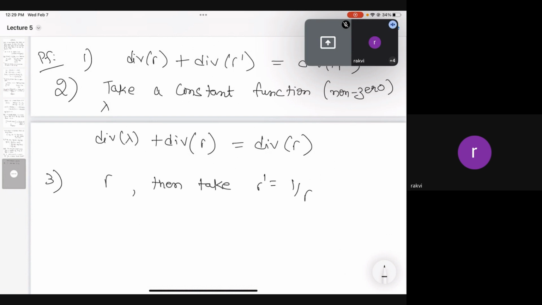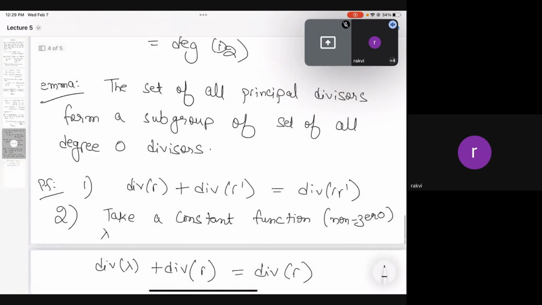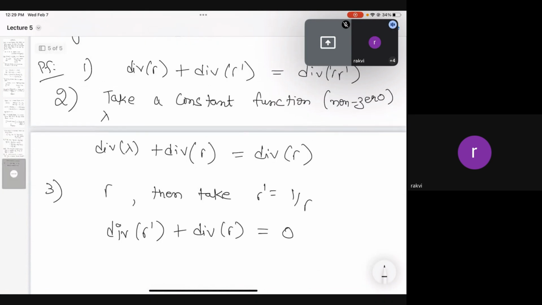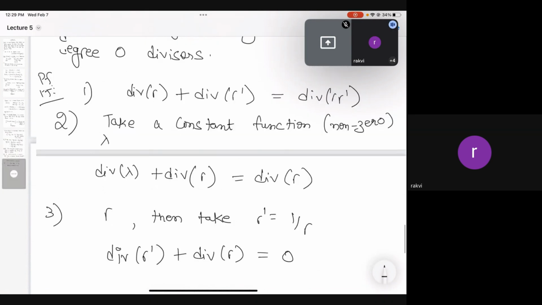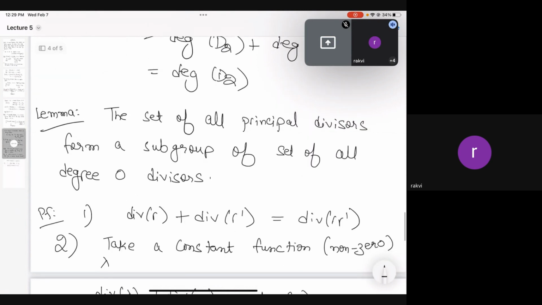And now it's not difficult to show that the divisor of r prime plus the divisor of r would be 0, because r prime has zeros at poles of r and it has poles at zeros of r. So the signs would get switched and they would add up to give 0. So we have closure, we have identities, we have inverses, and associativity would just follow from it being a subset and everything. So this does give me a subgroup.